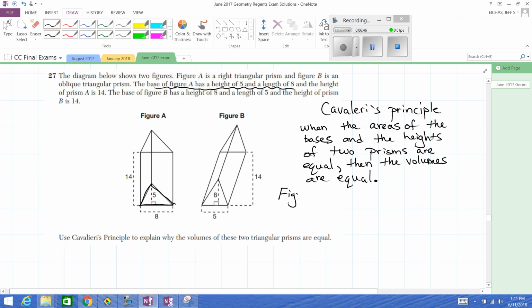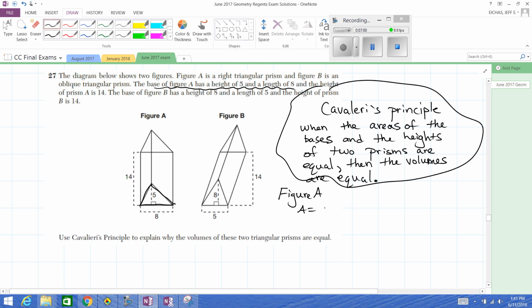So we'll do figure A first. Figure A, you could actually go calculate them both, or you could just state Cavalieri's principle. Figure A, volume is base times height because it's a prism, but the capital B is the area of the base.